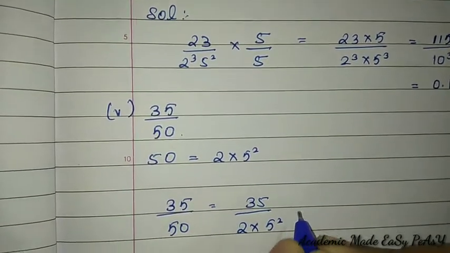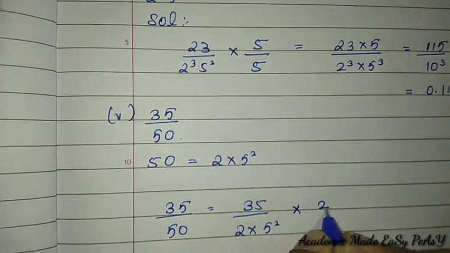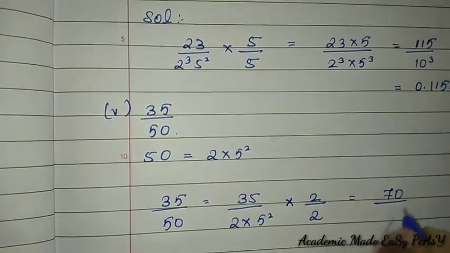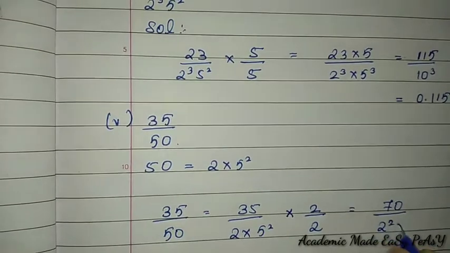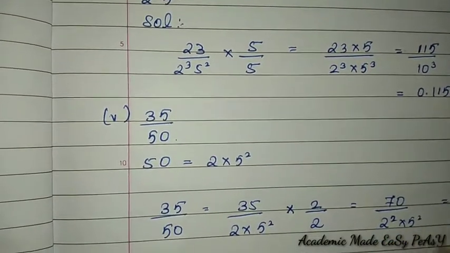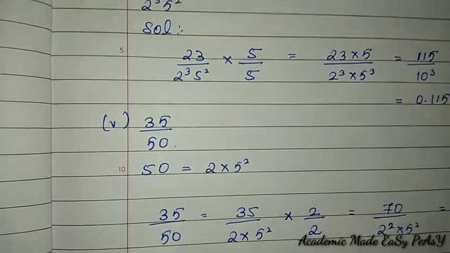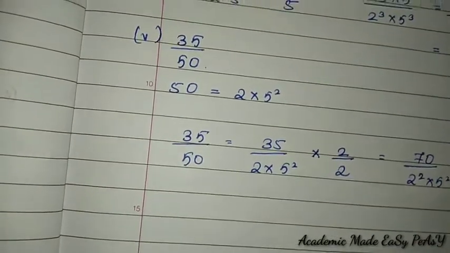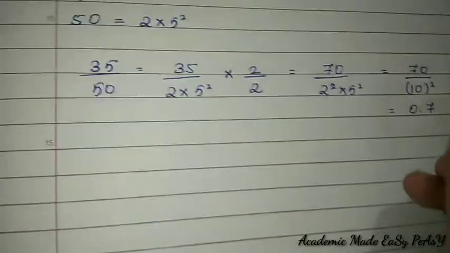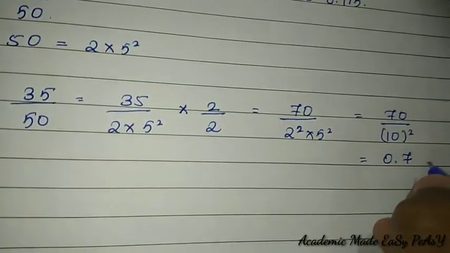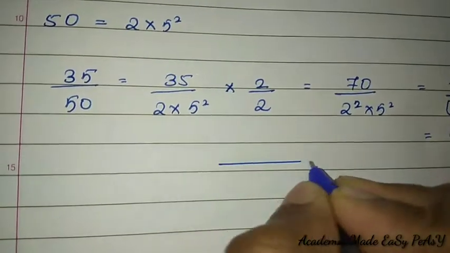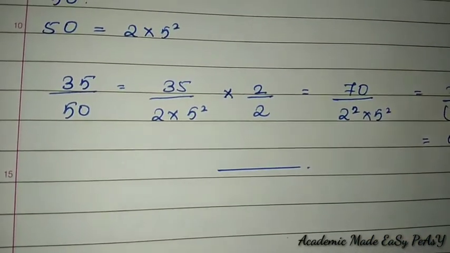To get my powers equal, I will multiply and divide by 2. So that I will have 70 by 2 square into 5 square, which is equal to 70 by 10 square. So I will have 0.7. 0.70 also you can have, or else 0.7. Okay, so this second question also is over.